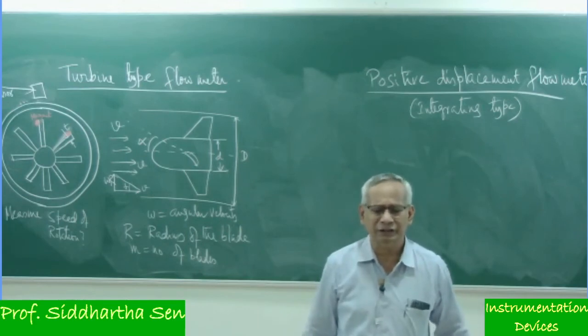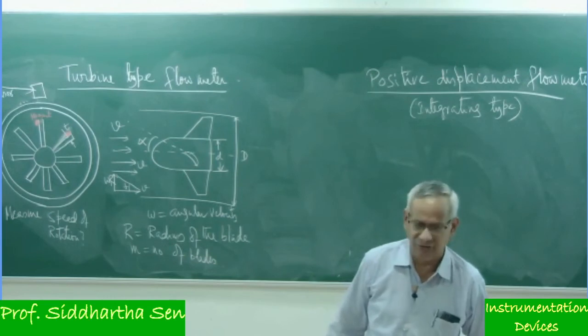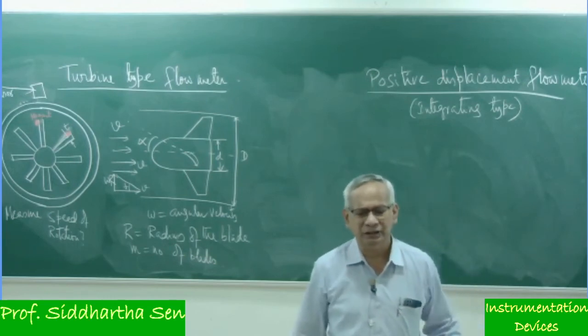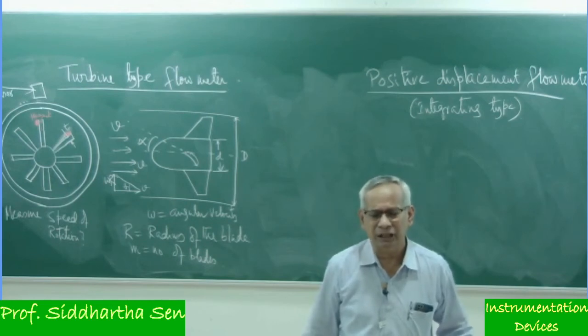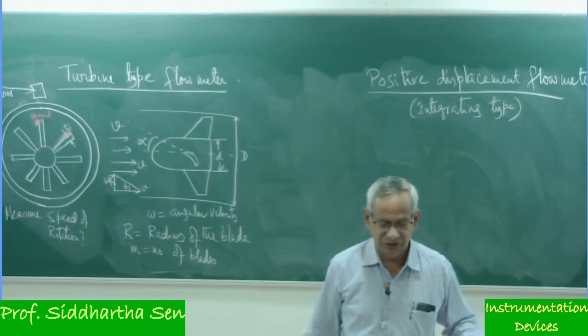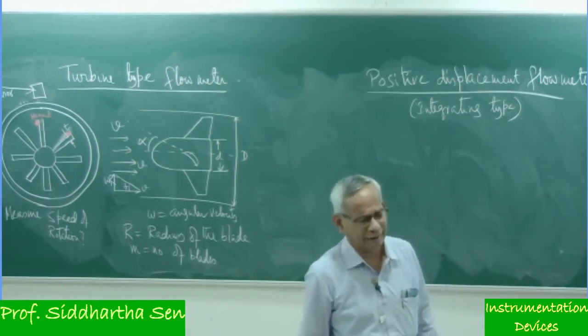So, at an instant, how much flow, volumetric flow or mass flow rate is going, but if it is an integrating type, then we call it a positive displacement flow meter.